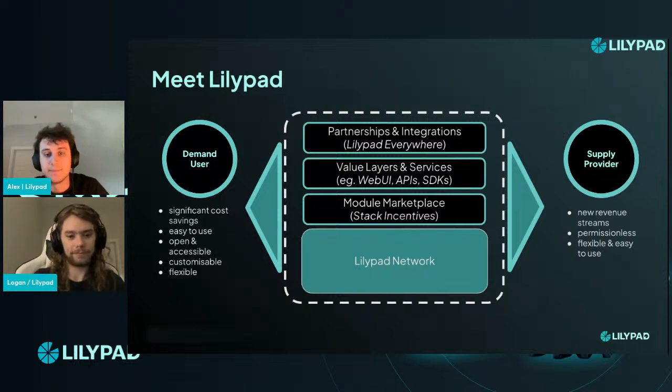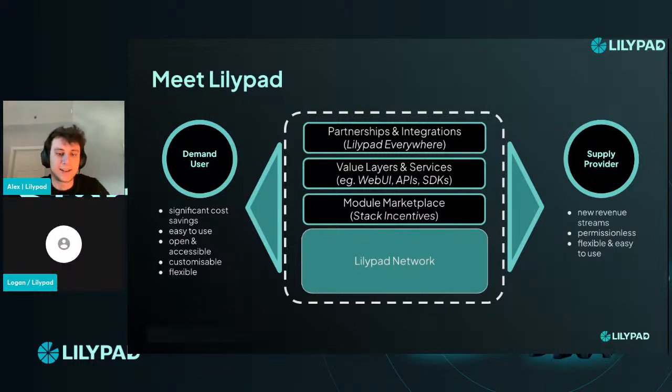The architecture of the network is a setup of partnerships, value layers, and a whole module marketplace built on top of this open GPU stack. The real value that Lilypad brings is that we make it very easy to run code.